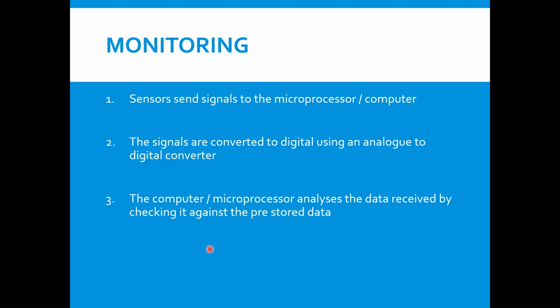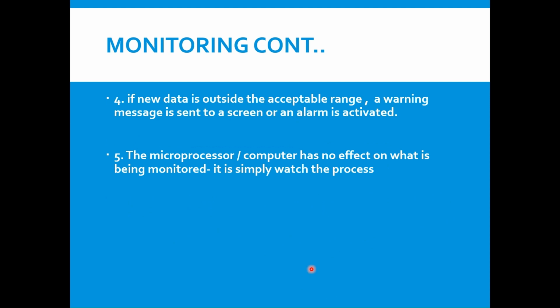Then the computer or microprocessor analyzes the data received by checking it against the pre-stored data. If new data is outside the acceptable range, a warning message is sent to a screen or an alarm is activated. The microprocessor or computer has no effect on what is being monitored. It is simply watching the process.